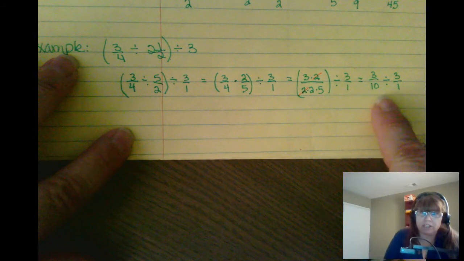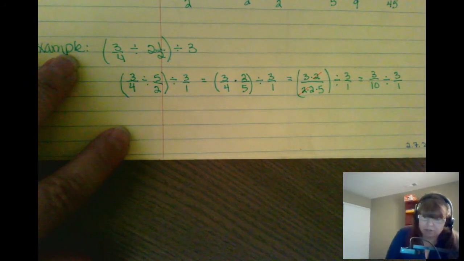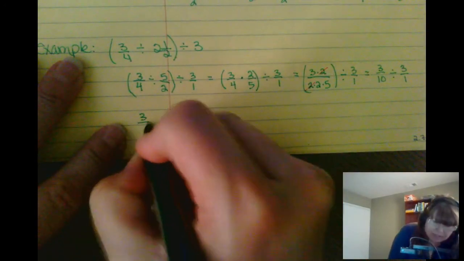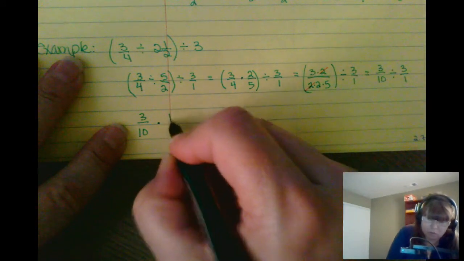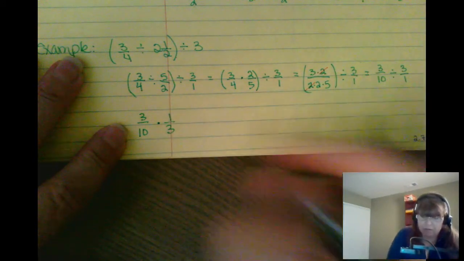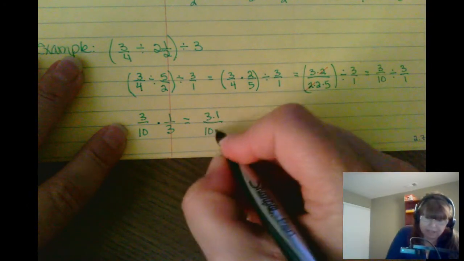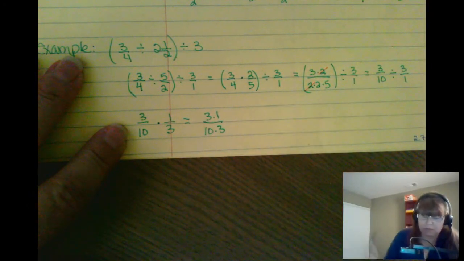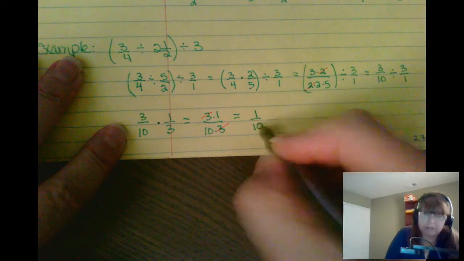Again, I want to change my division to a multiplication problem. So 3/10 times the reciprocal of 3 over 1, 1 over 3. Oh, lucky me. 3 times 1 over 10 times 3, I can reduce. So my final solution is 1/10.